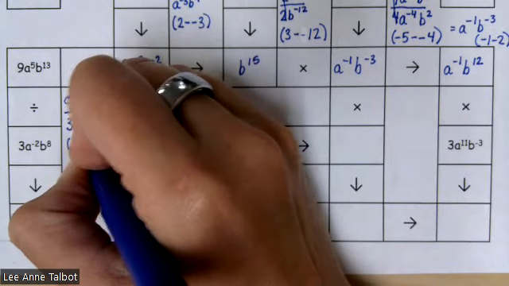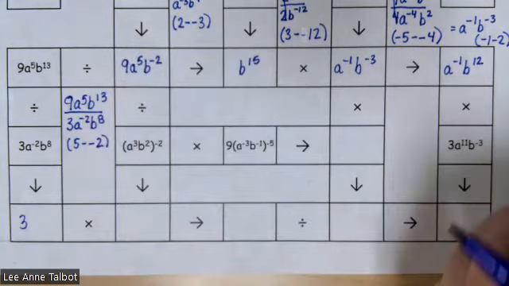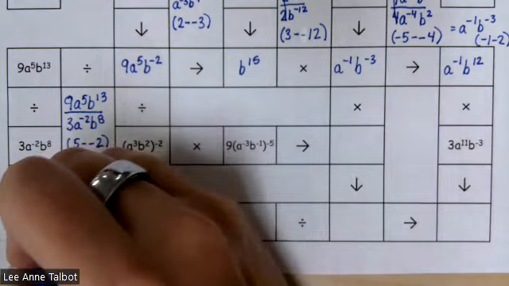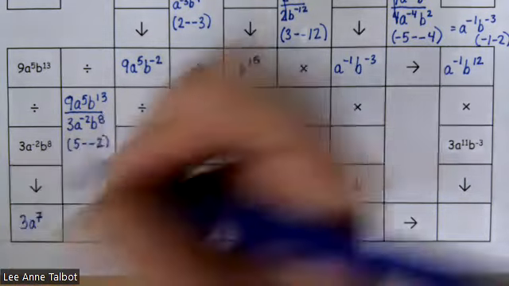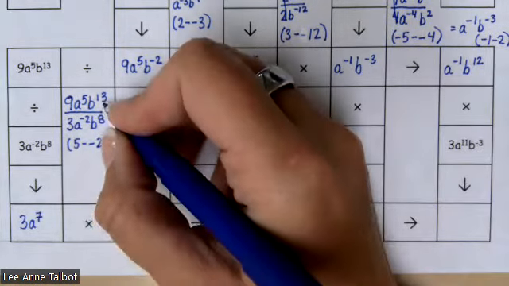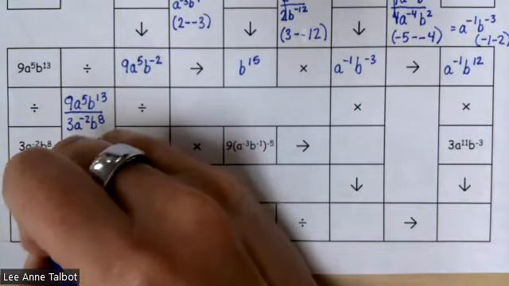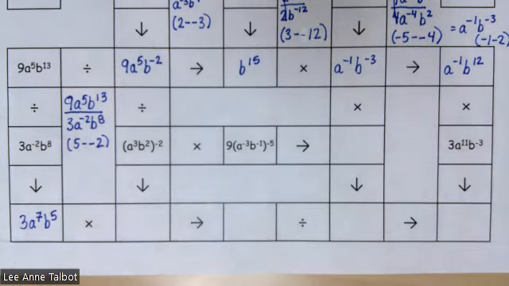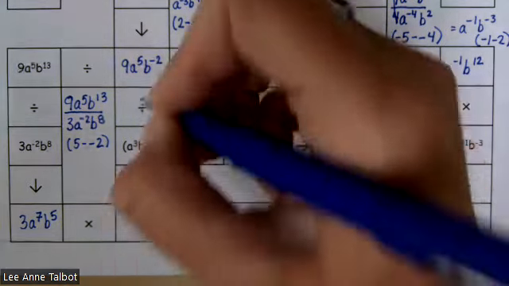What is 5 minus negative 2? Beautiful. And what is 13 minus 8? 5. Okay.